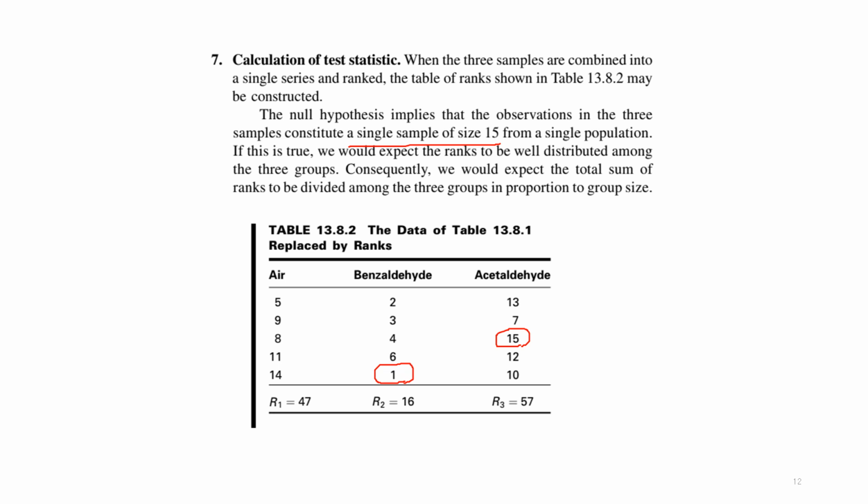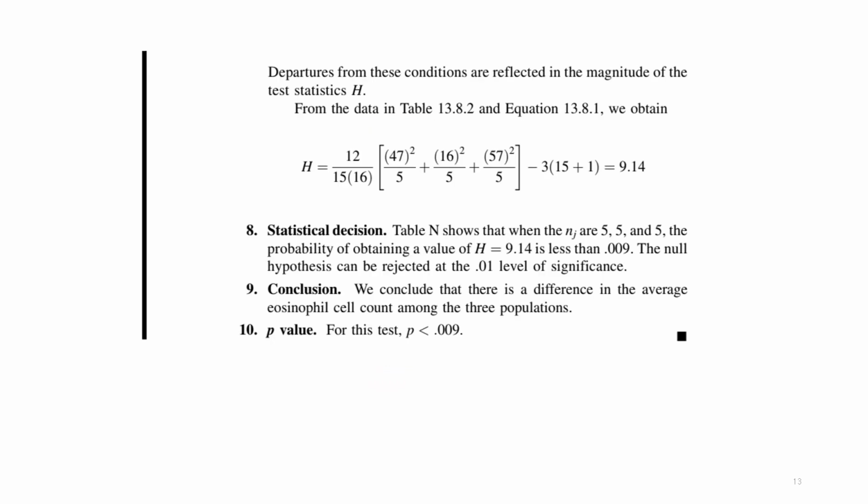After we put in all the ranks, we add the ranks for the first group, the second group, and the third group. So we have 3 rank sums. Then we do these very simple calculations and get the value 9.14.